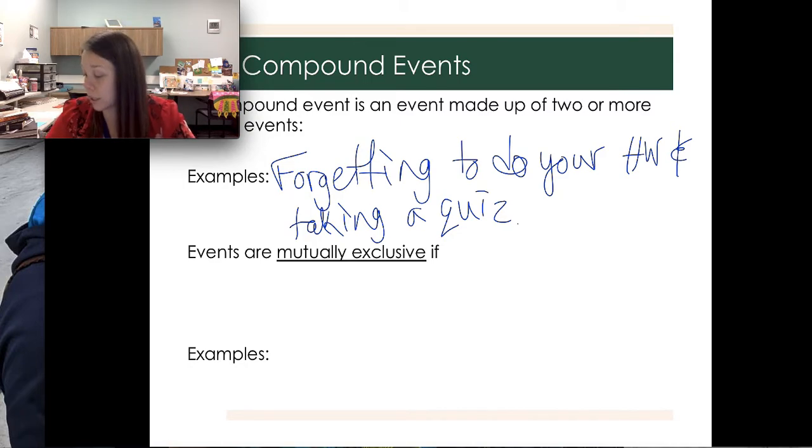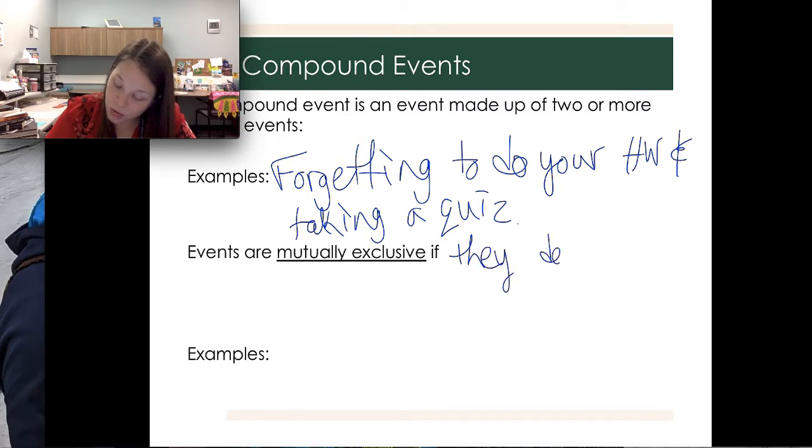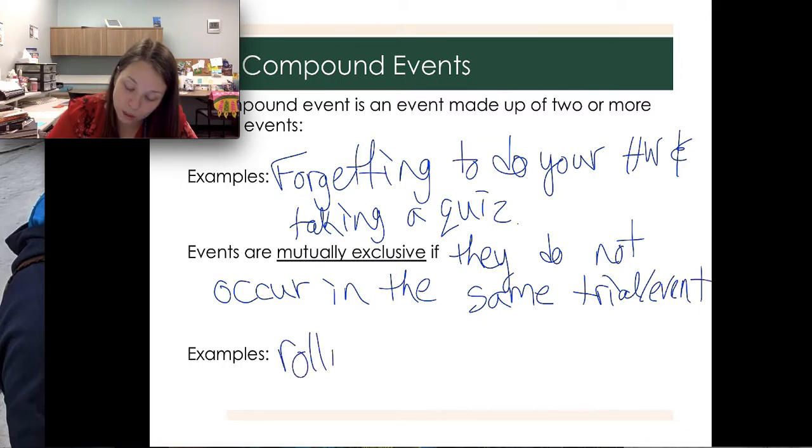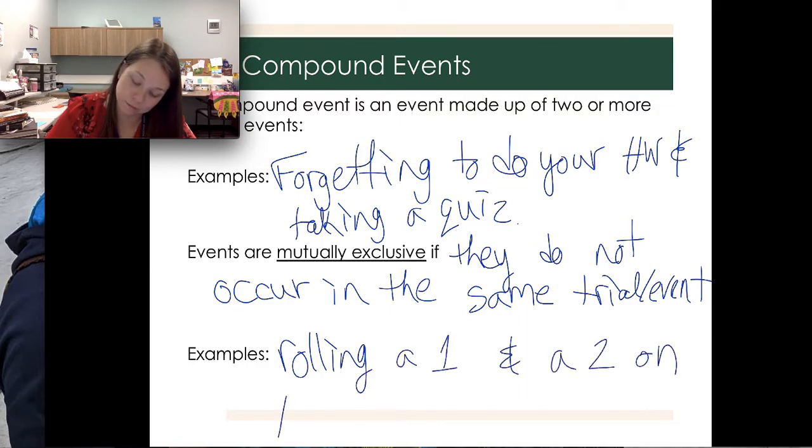Events are mutually exclusive if they do not occur in the same event or trial. So it's things that can't happen at the same time. So for example, rolling a 1 and a 2 on the same roll.